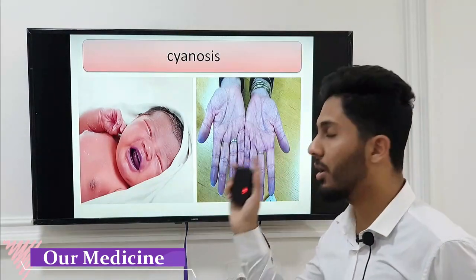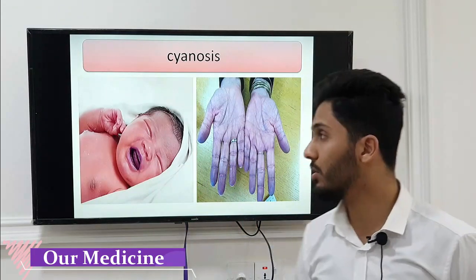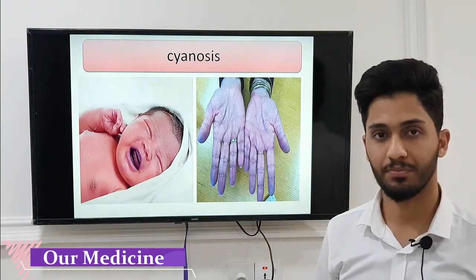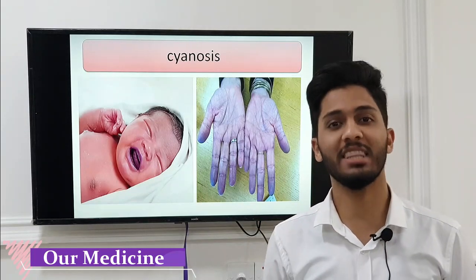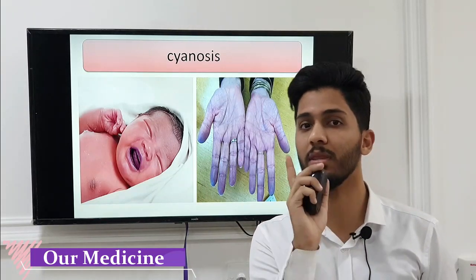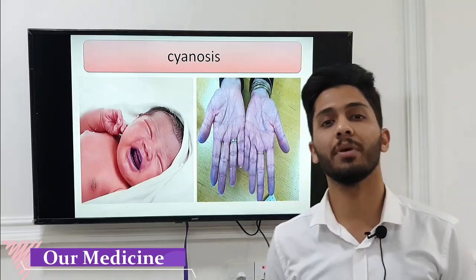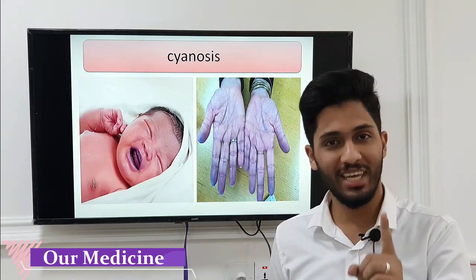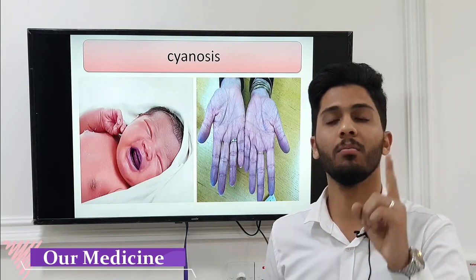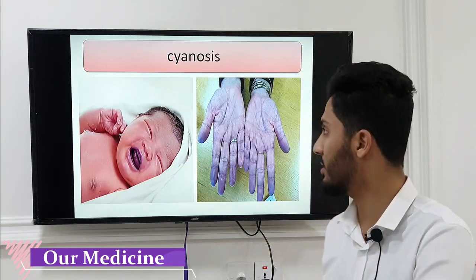Number three, the third most important sign, also the cyanosis. What do I mean by cyanosis? Bluish discoloration in the skin and the mucous membrane. Why? Due to elevation of the deoxygenated hemoglobin more than 5 gram per deciliter.